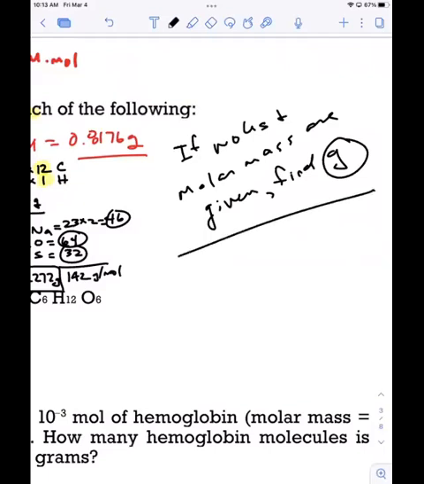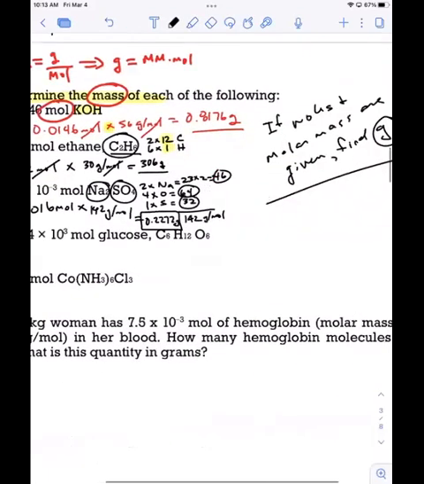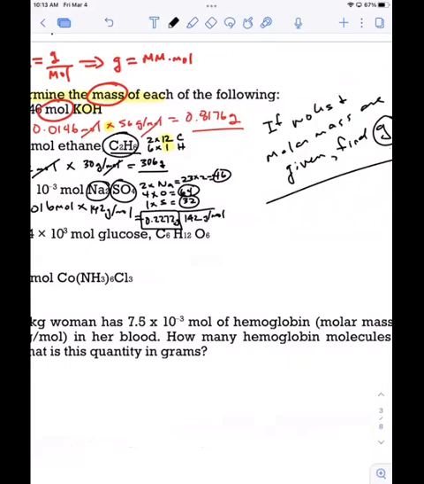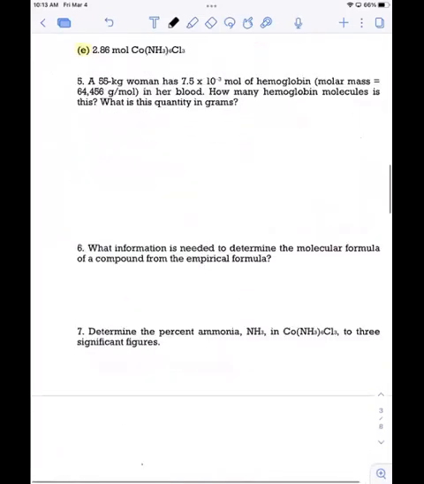If you have those two values, the moles and the molar mass, then what you're looking for is grams. You'll find grams if you're given the moles. All right, let's go to the next question.